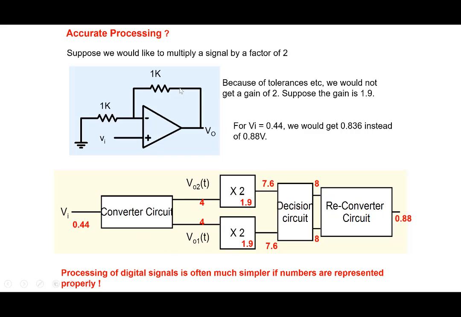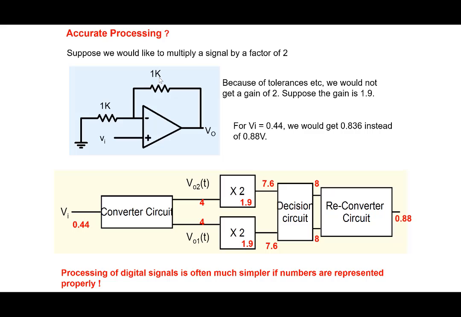So not only can you do accurate processing, the processing of digital signals is often much simpler. You have to build circuits like this to just multiply by 2. For example, if you wanted to divide something by 2.5 or so, it becomes more complex.